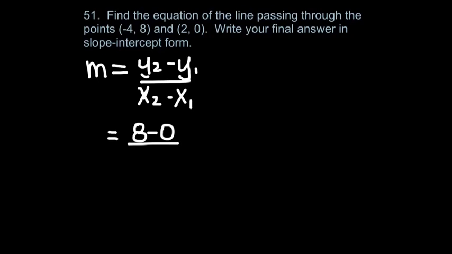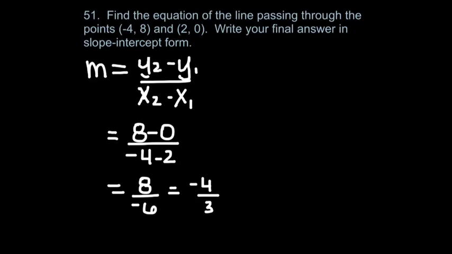And the x-coordinates are negative 4 and 2, so negative 4 minus 2. You could have also done 0 minus 8 in the numerator as long as you remembered to do 2 minus the negative 4 in the denominator. The order's important there. But in the way we have it written, 8 minus 0 is 8. Negative 4 minus 2 is negative 6. So 8 over negative 6 would simplify to negative 4/3. So my slope is negative 4/3.